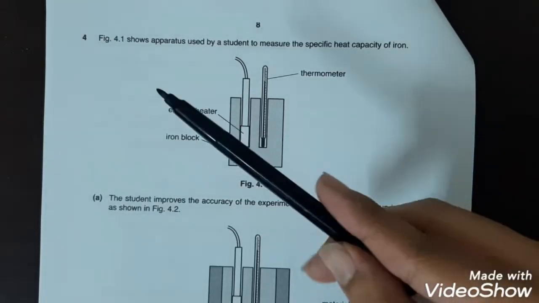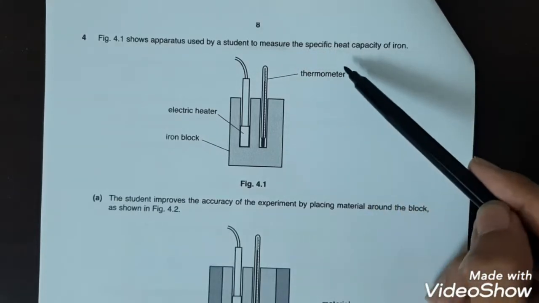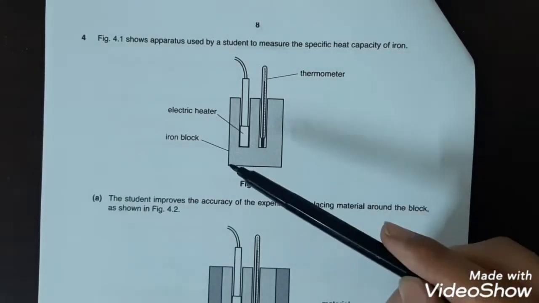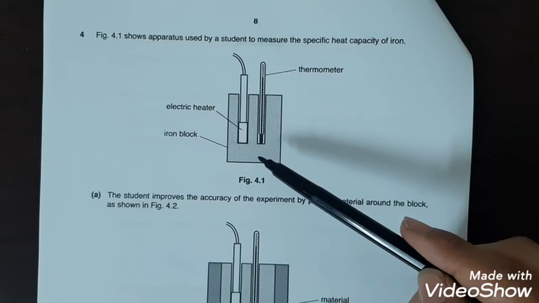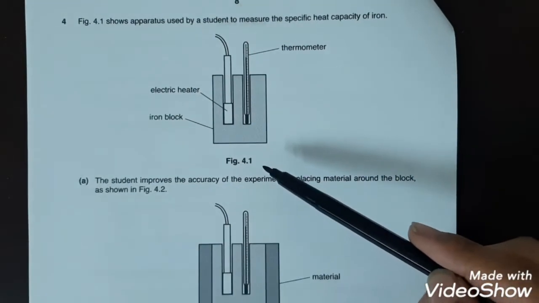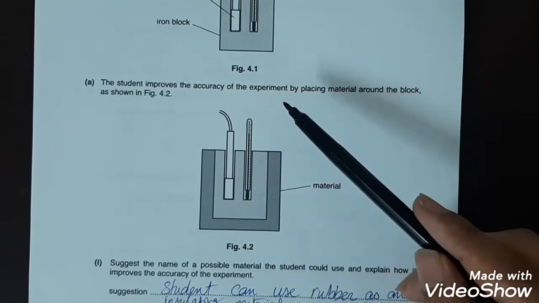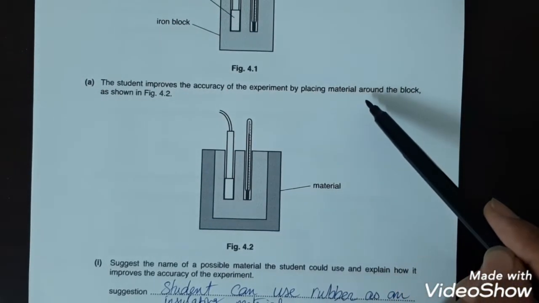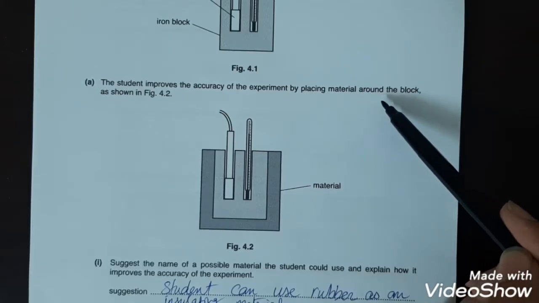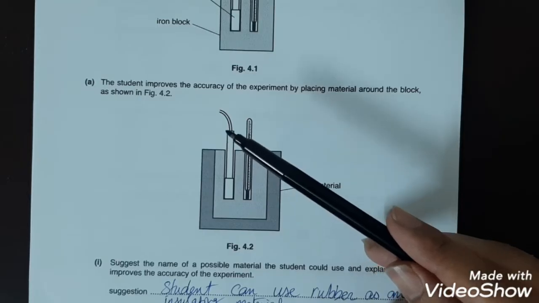Question 4 states figure 4.1 shows an apparatus used by a student to measure the specific heat capacity of iron. So this is the apparatus used to measure the specific heat capacity of iron in figure 4.1. A states the student improves the accuracy of the experiment by placing material around the block, as shown in figure 4.2.